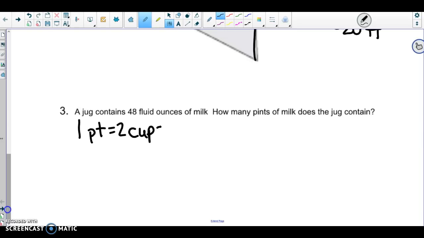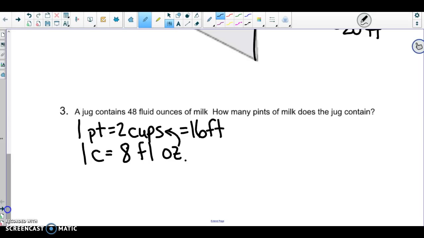Well, that doesn't help me with fluid ounces. Oh, but then it tells me that 1 cup is the same thing as 8 fluid ounces. So if I have 2 cups, that would equal 16 fluid ounces, right? So 1 pint is the same thing as 16 fluid ounces.